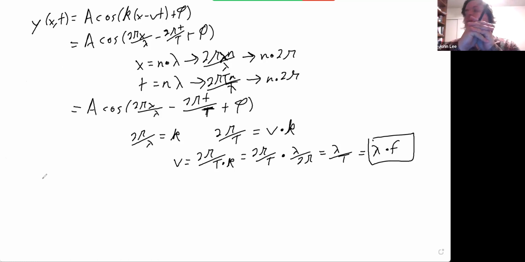There is also one thing that I want to get to before we get to our break, which is the difference between longitudinal and transverse waves.